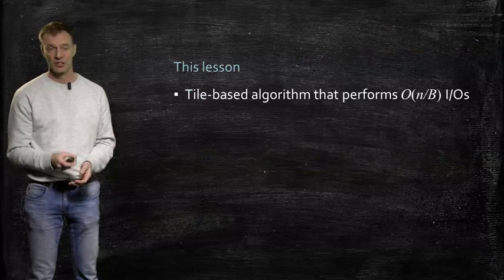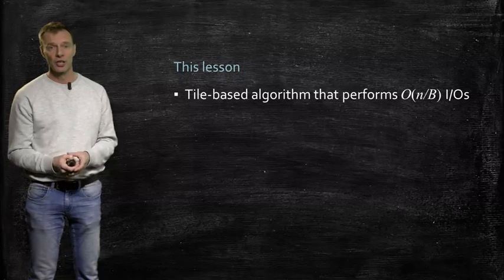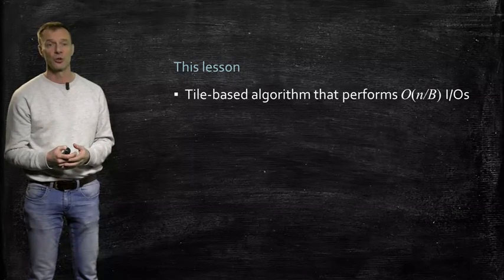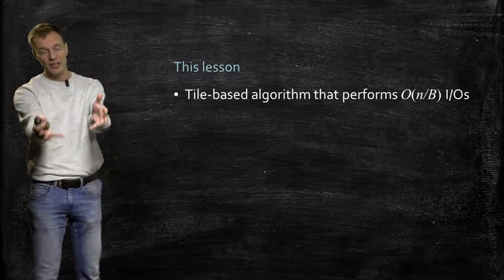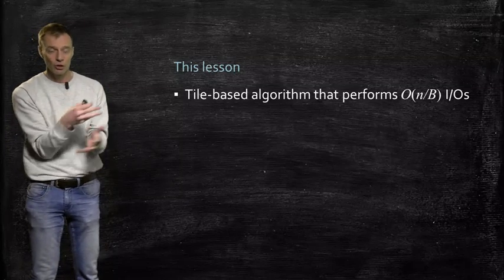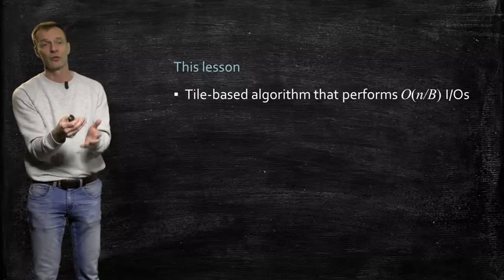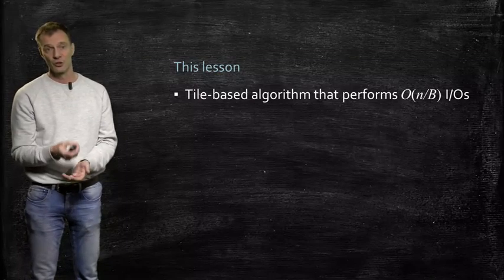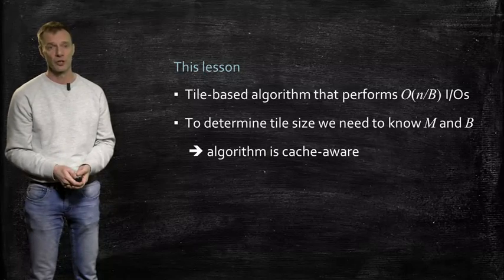So we saw that we can come up with an algorithm based on tiles. And this is sort of a strategy that you can employ more often, where you say, well, let me try to read in a lot of stuff and then do much work on this in the internal memory and then write it back. So that's a strategy that sometimes also works for other problems, this tile-based strategy.